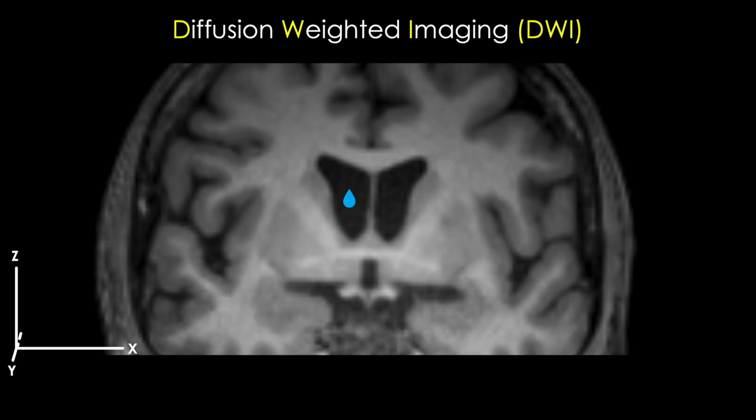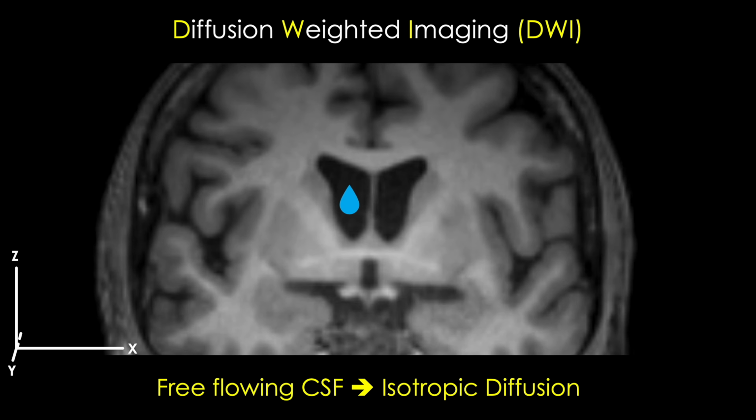We're just sitting in a sea of other water molecules, so we can move down, we can move right and left, we can even move deeper into the ventricles or closer. So this drop of water flowing freely within the CSF does not appear to be restricted by any particular direction, and is in fact displaying isotropic diffusion.